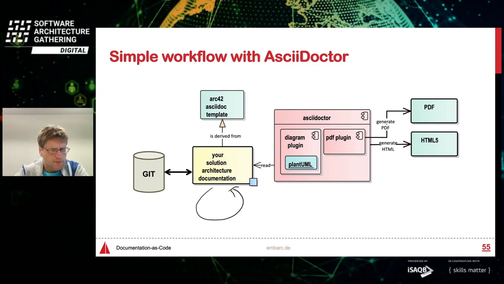ARC42 offers ready-to-use templates also for Word and for Confluence, but also for AsciiDoc and Markdown. And we could just import it and use it. And then this AsciiDoc interpreter could also use diagram plugins to render PlantUML, for example, and could also generate PDF or export it to Confluence and such tools.